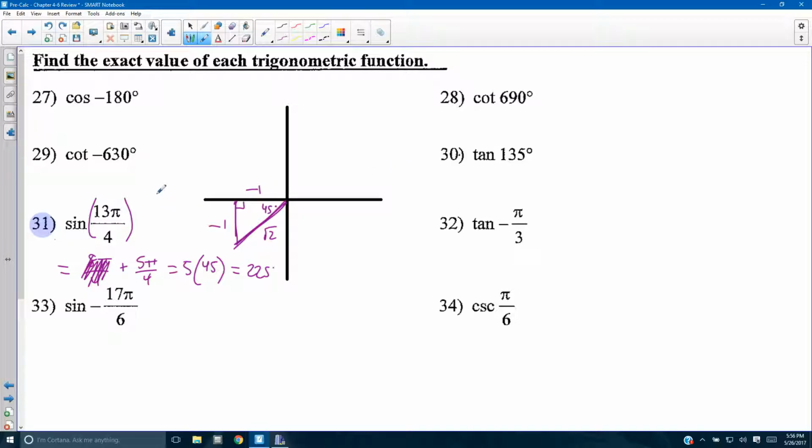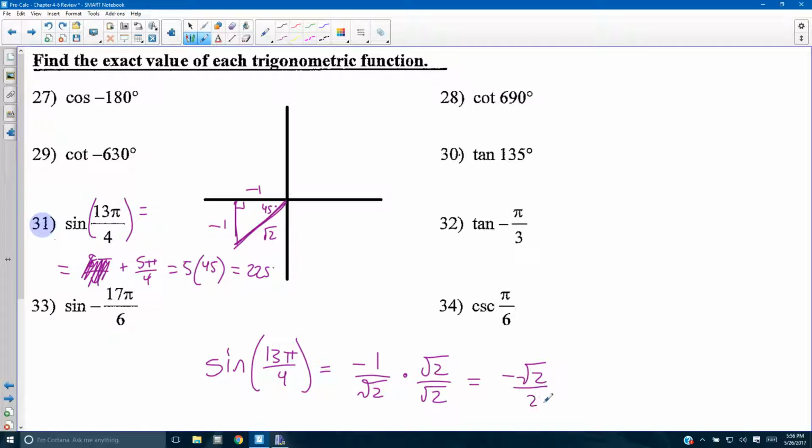And we're at sine here. So sine of this guy here, opposite, let me write it down below. Sine of 13 pi over 4, or sine of 5 pi over 4, is opposite, which is negative 1, over hypotenuse, which is square root of 2. And ordinarily, this would be a fine answer, except let's rationalize our denominator by multiplying top and bottom by root 2.